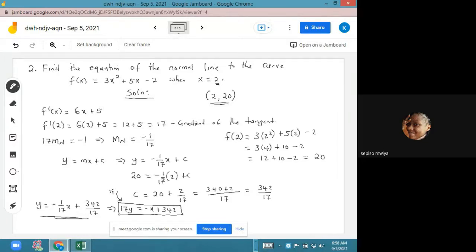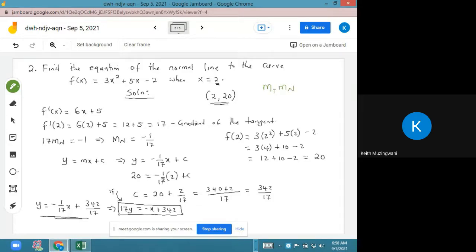So if we're given both x and y coordinates, there's no need to substitute and find y, right? There's no need to substitute because you already have the point, so you just use them to find c. Okay, and then how did we find -1/17? We are always multiplying the gradient of the tangent by the gradient of the normal.